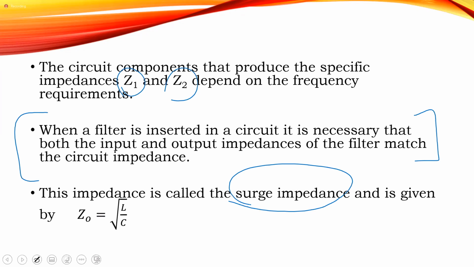Because remember, we are attenuating the particular frequency which I don't want. If I have a high pass, it means that I want high frequencies. And the capacitor would give me a high reactance to low frequency. And if that is the case, then it means that I would put that in series.